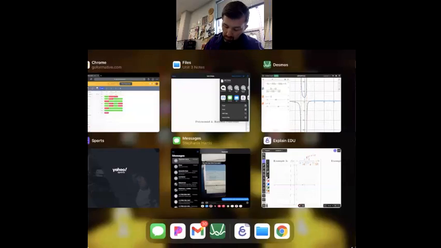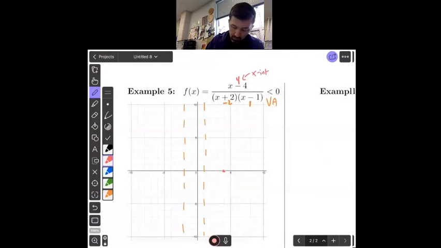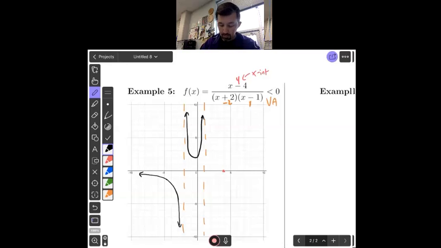So on that left side, we saw that it was just below the x-axis the whole time. So let's draw something like this. And we saw the middle part was this weird looking parabola thing. It was always above the x-axis.